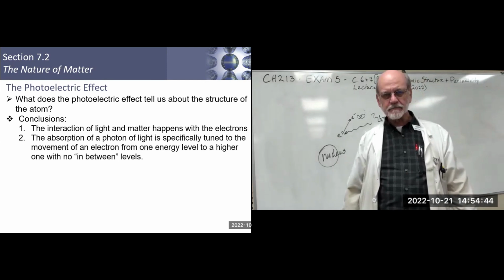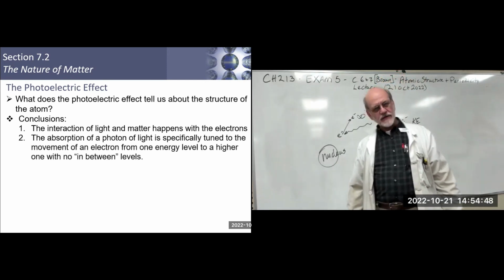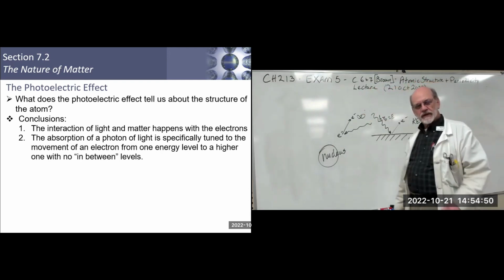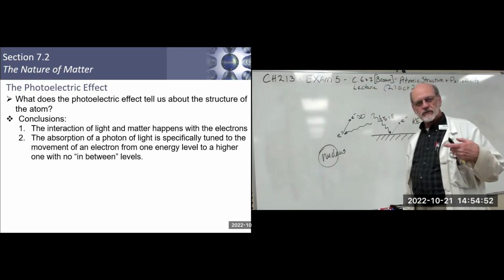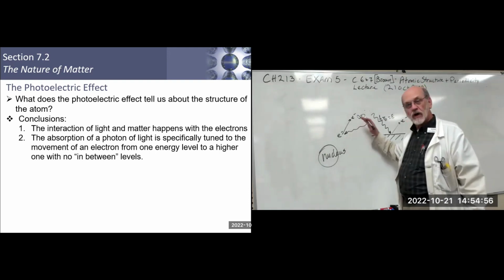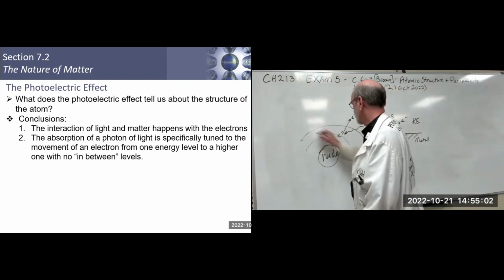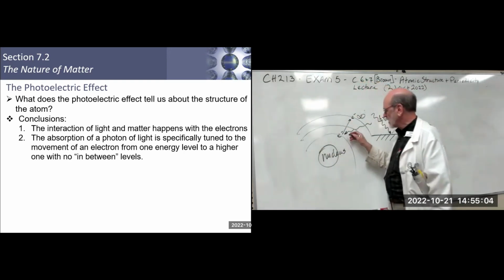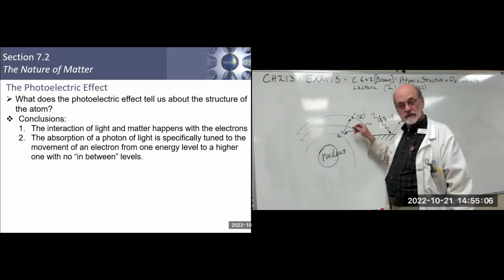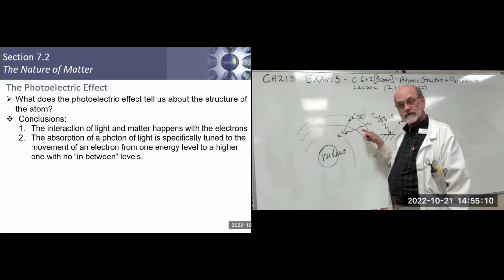Okay, second, I sort of alluded to that one. The absorption of this photon is directly related to the movement of an electron in energy levels around the nucleus of the atom. So we have various energy levels like that, and the electron will be promoted from one to the other, depending on how much energy is provided by that photon.